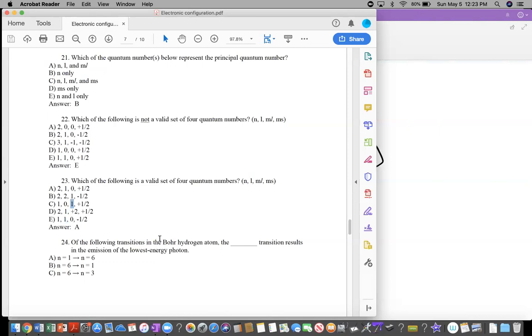Is L equal to 1 possible? Yes. It has to stop at n minus 1. That is possible. Is ML equal to minus 1 possible? Yes, because ML has to be any number from negative 1 to positive 1. And it is negative 1, so that's good. And this one is plus half, so that's good. So yes, this is possible.